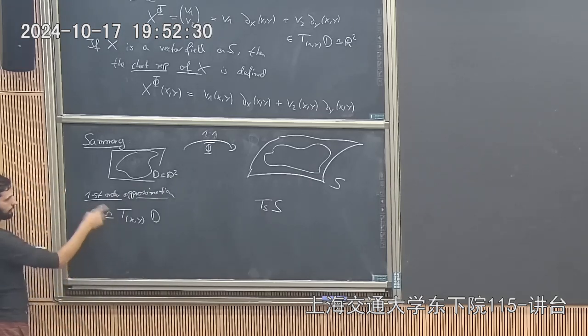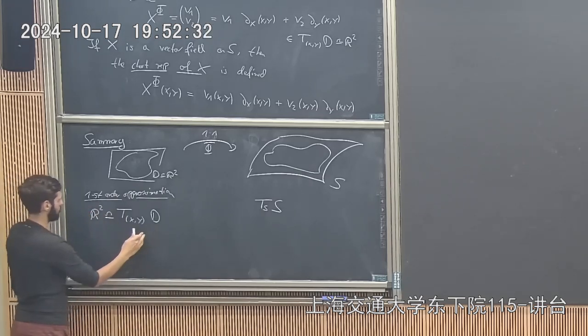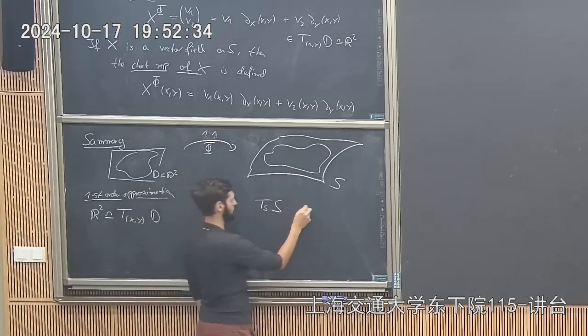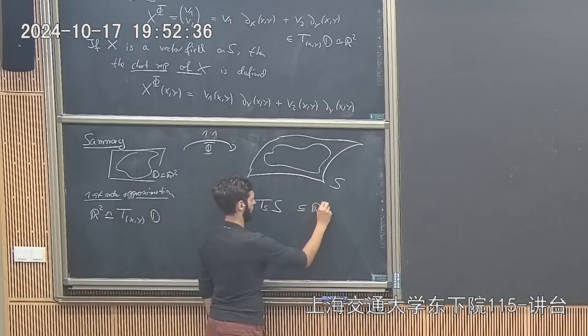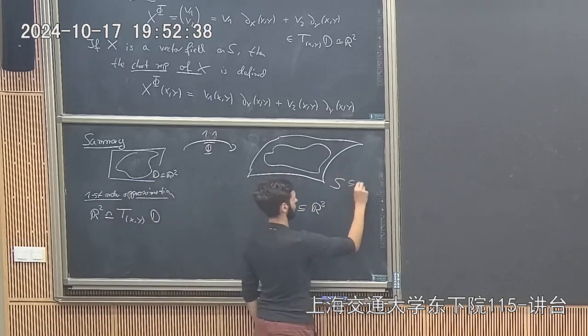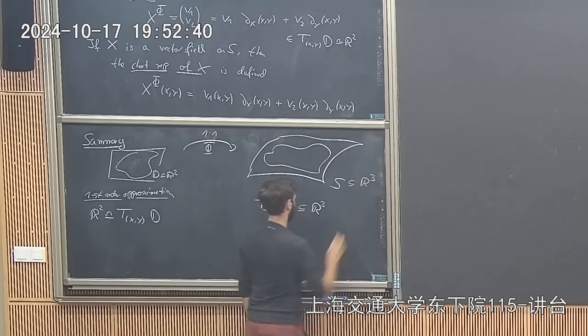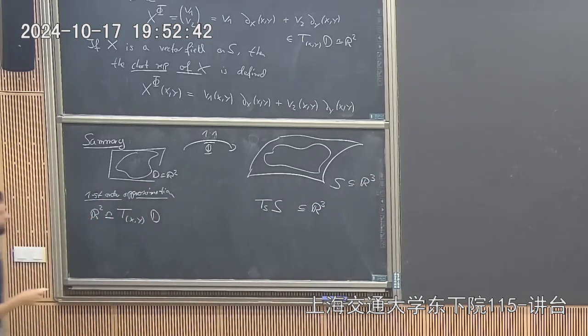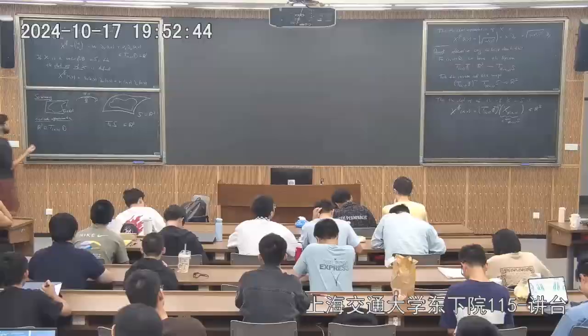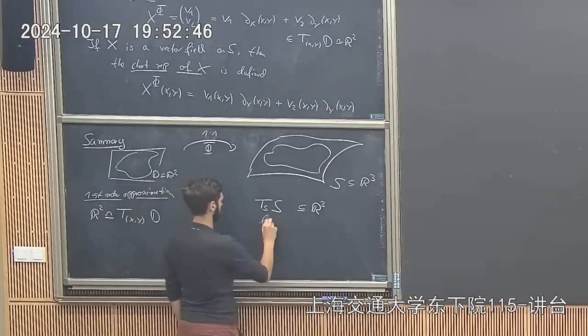So for open subsets there is not much to do, and this one is a certain subspace in R3 because we assume that our surface lives there. So this one is a linear subspace.